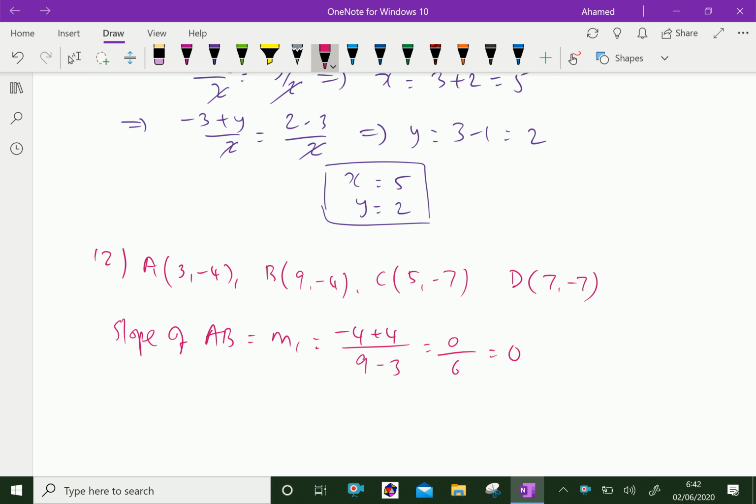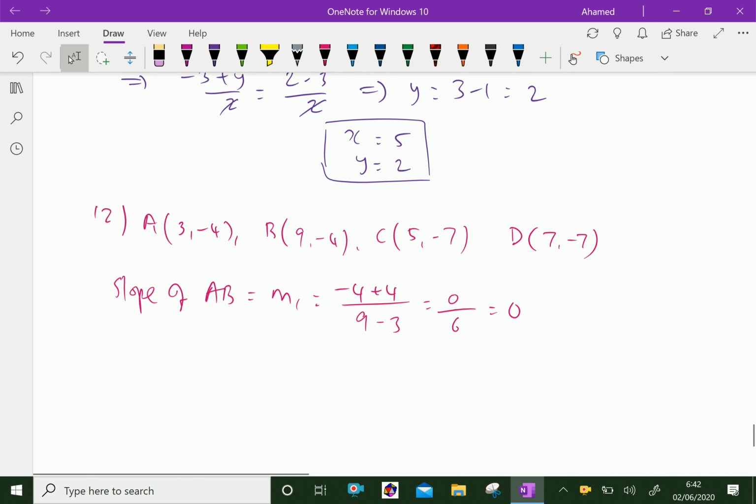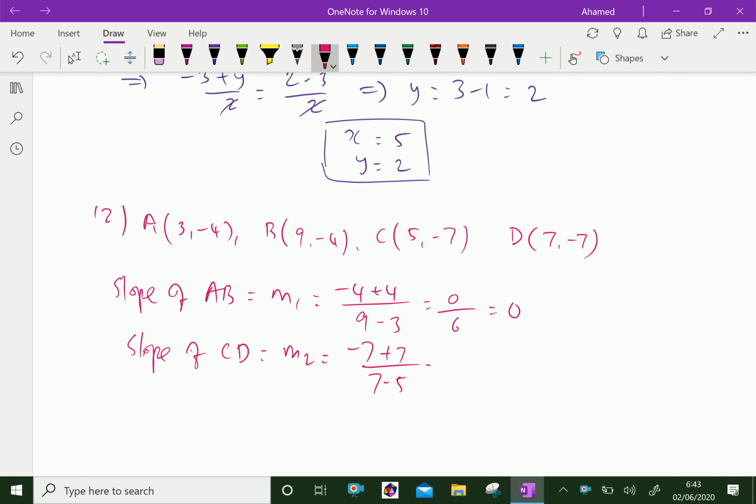And slope of CD, let it be m2, C and D, (-7 - (-7))/(7 - 5), 0 by 2 is 0.